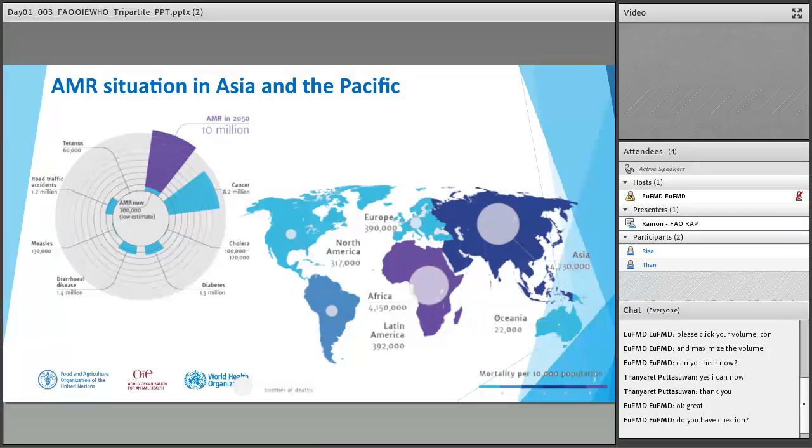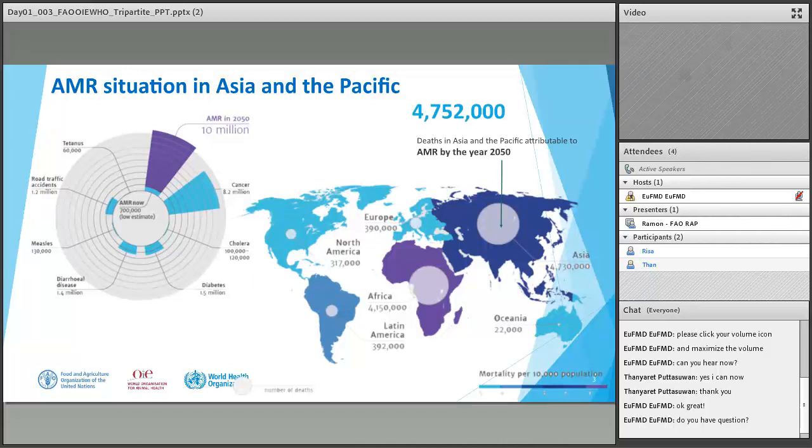As you saw in this slide before, Joy already mentioned, AMR is a growing concern globally. Especially for now, AMR is causing 700,000 deaths, but this is a highly underestimated number. By 2050, we are expecting over 10 million deaths in the world.